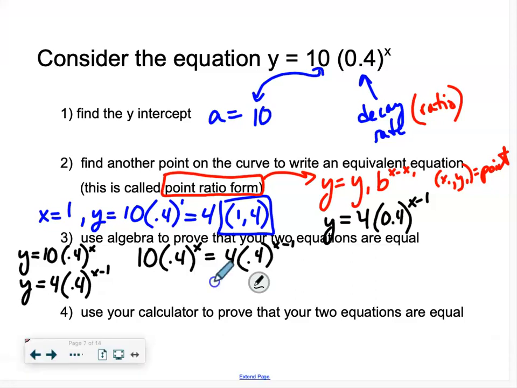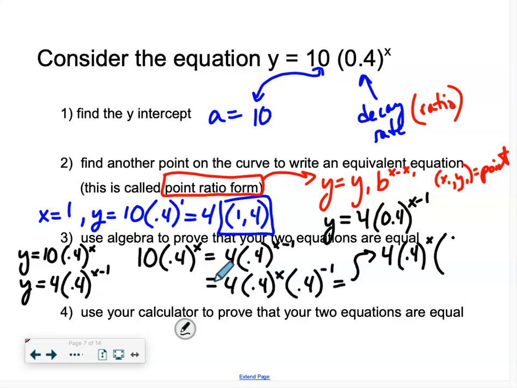One way would be to say that this 0.4 to the x minus 1 is equal to 0.4 to the x times 0.4 to the negative first, because when you multiply, you add your exponents. So you end up with 4 times 0.4 to the x times 1 over 0.4. But 4 divided by 0.4 is 10.